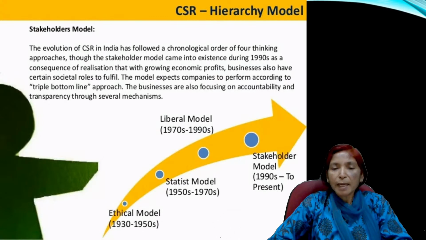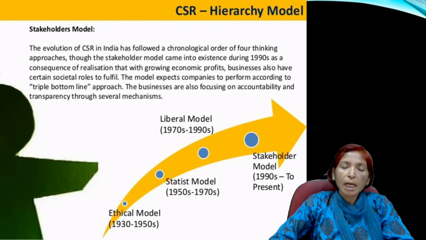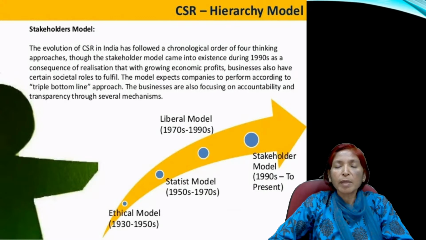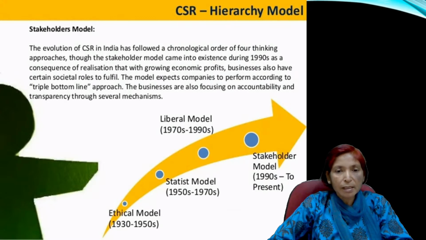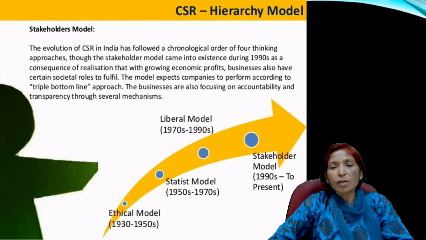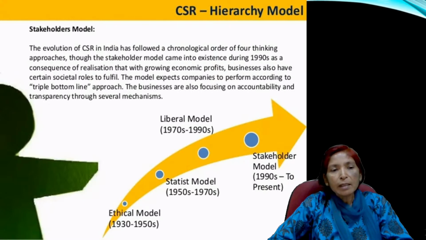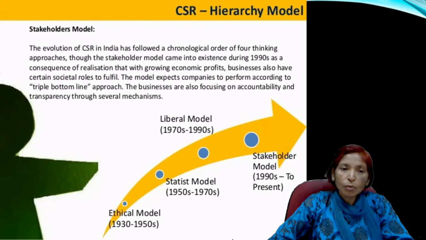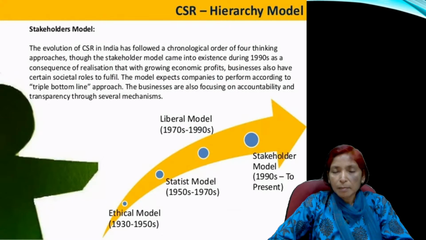The model expects that companies must perform according to the triple bottom line approach, which includes the environmental aspect, economic aspect, and societal aspect. Businesses are also focusing on accountability and transparency through several mechanisms.